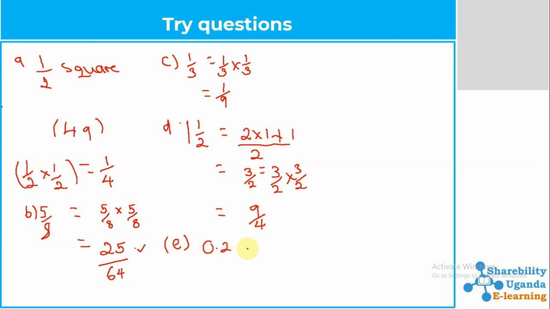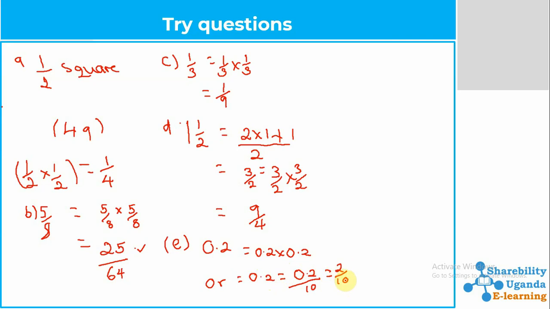For you to be able to solve it, you can multiply this decimal number. You say this is going to be equal to 0.2 times 0.2, or you can say our 0.2 is the same as 2 out of 10.